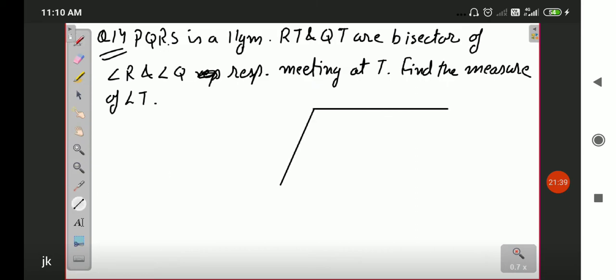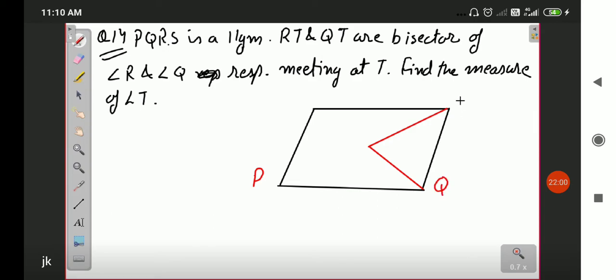This is the figure. And then we have angle bisectors. This is one angle bisector, this is another angle bisector, and the names are P, Q, R, S and T. We have to find the measure of angle T, the value of this angle.